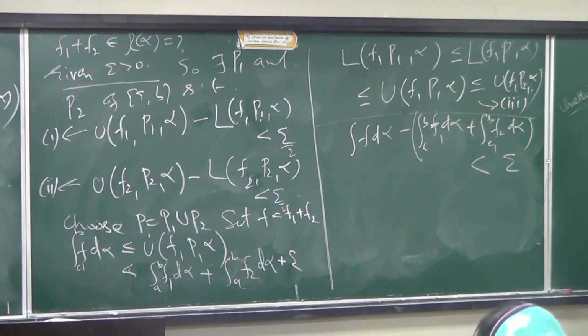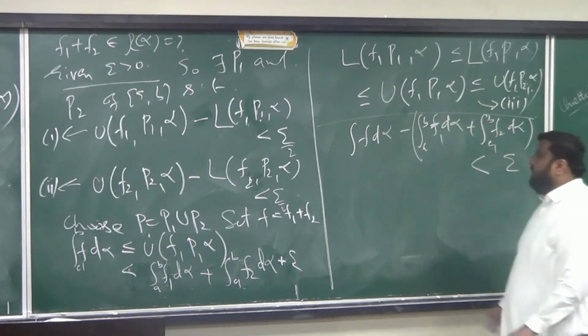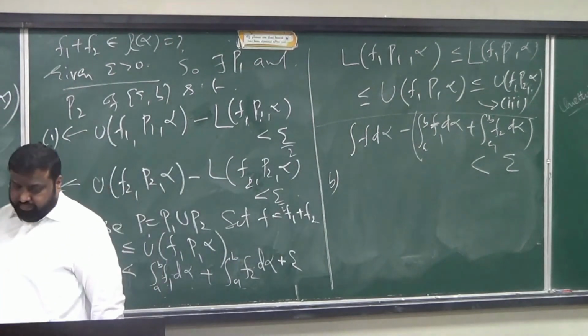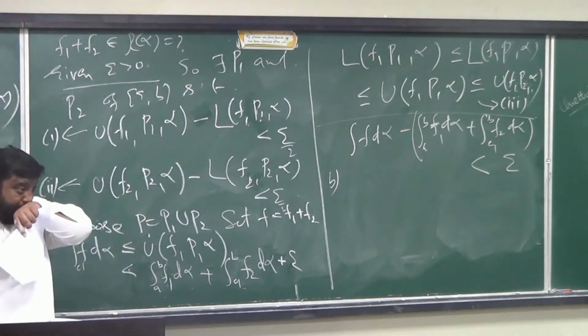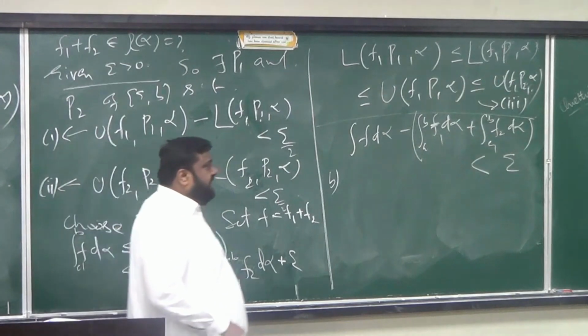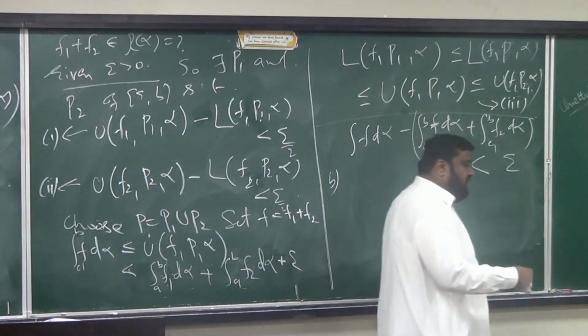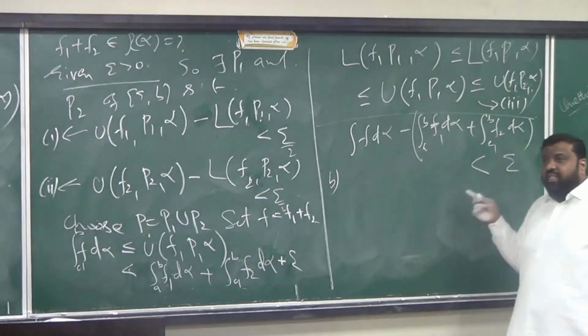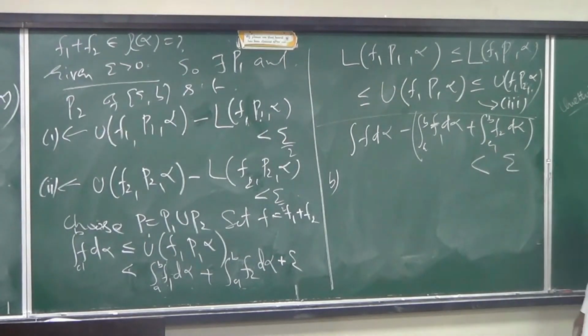Yeah. The integral is monotonic. In other words, if a function is less than or equal to another function on the interval, then the integral is also. So I'll not prove that directly.